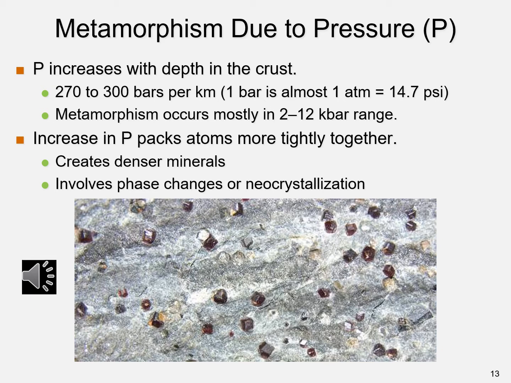In such UHP rocks, quartz transforms into a denser mineral known as coesite, and graphite becomes diamond. The pressure needed to form high-pressure or UHP rocks can probably develop only in crust that has been dragged down into the Earth by the process of subduction. How such rocks can return to the Earth's surface remains a subject of research.